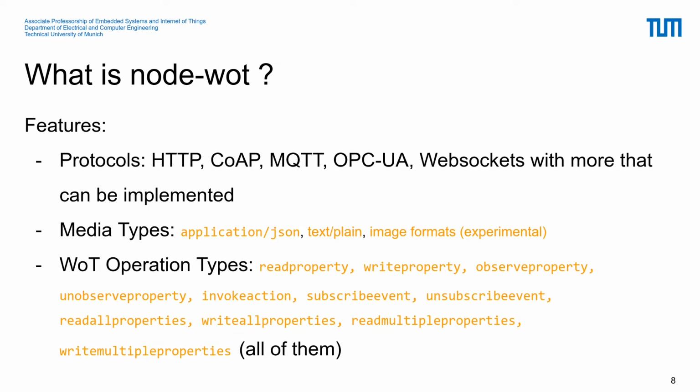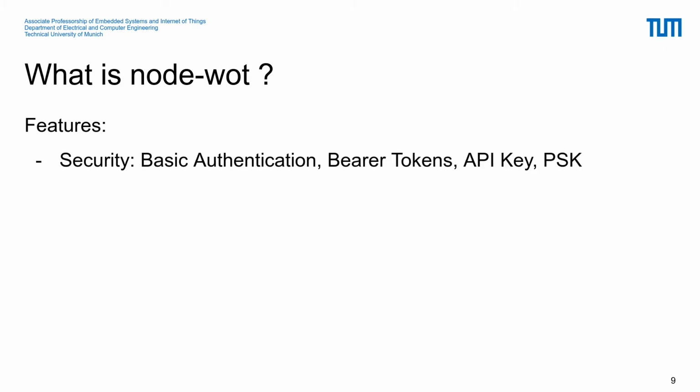And it supports all of the Web of Things operation types that are defined by the architecture and thing description specs. As security features, it supports basic authentication, bearer tokens, API key, and PSK, with more that could also be implemented.